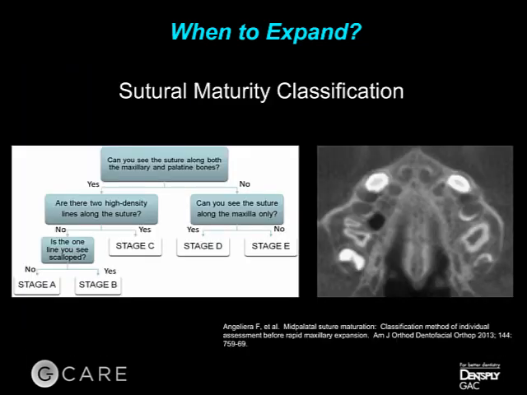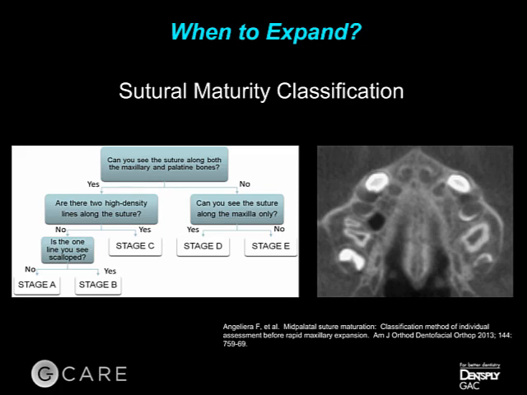Well, an article that just came out this year in the AJO may actually shed a little more light on this, because there have been a lot of reports on adult expansion that go against the conventional way of thought.